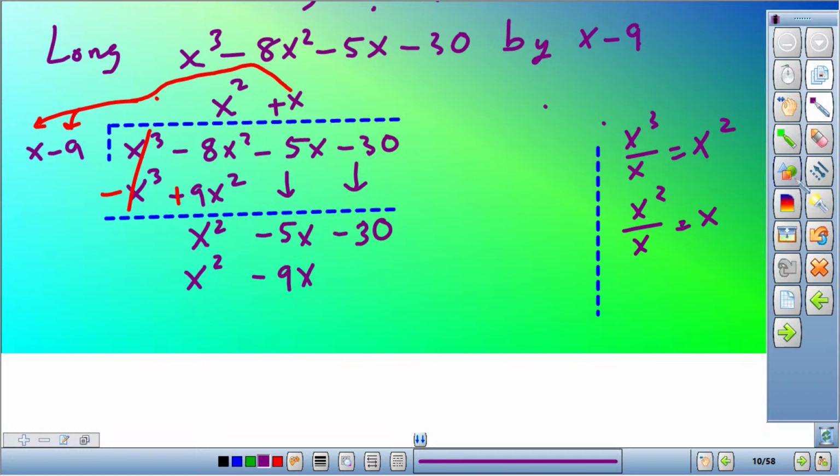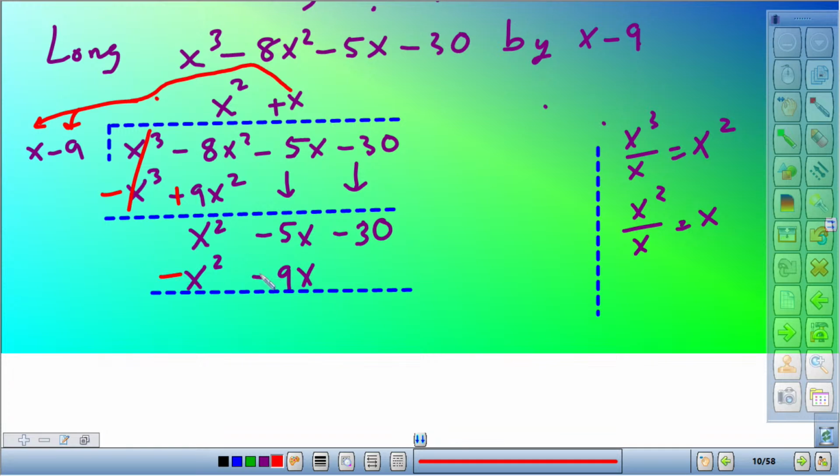And on 3, what do I do? 1, 2, 3. I change the sign, negative and positive. These two go away, which is correct. 9 minus 5 is 4.